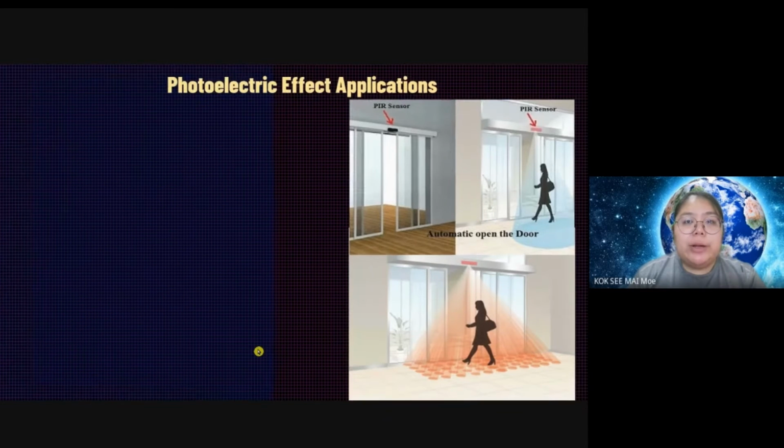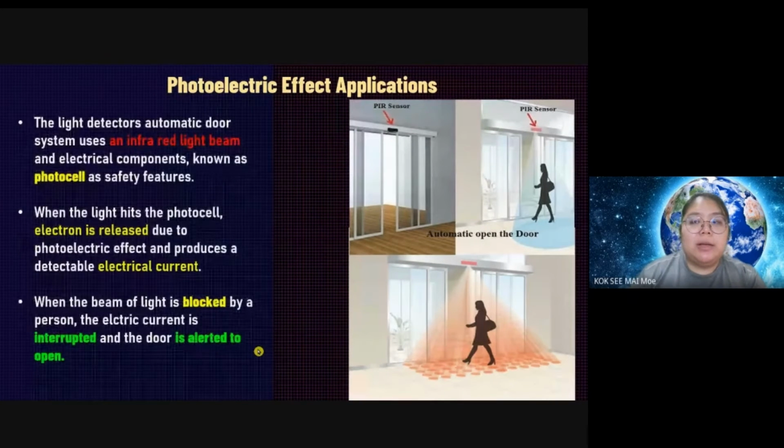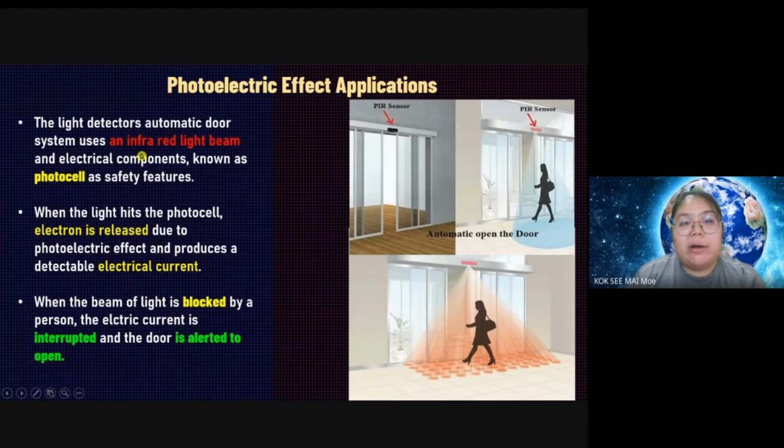Another application is the automatic door. This is a detector for the automatic door. The light detector automatic door system uses an infrared light beam and an electrical component we call a photocell. Infrared and photocell have safety features.